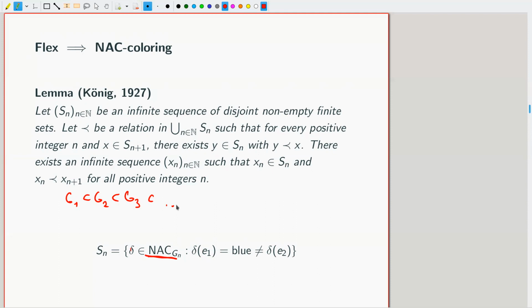I want them to be, let's say, induced, and of course, I need to span the whole graph. So the union of all vertex sets V_i in this chain, where V_i is the vertex set of the ith graph, should give the whole graph G. And I should actually say these are finite graphs.